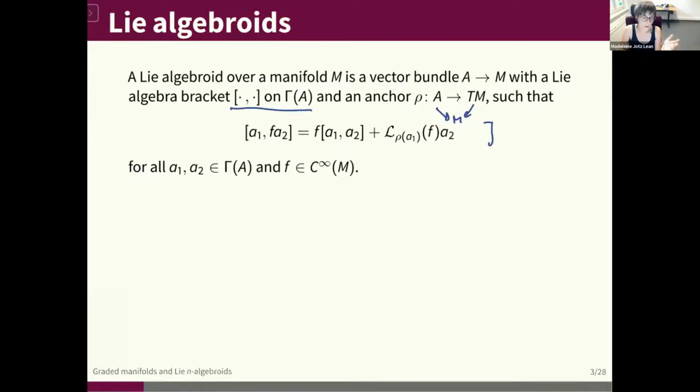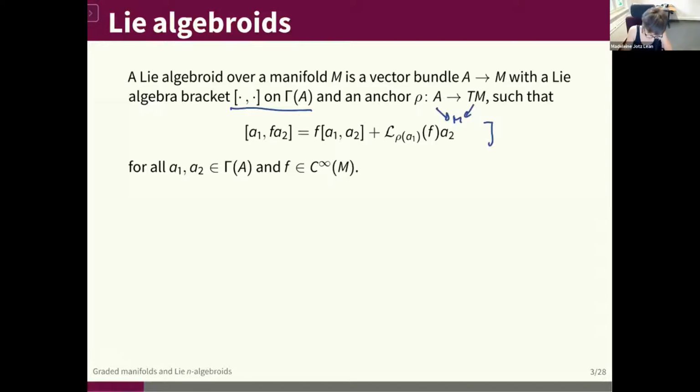On the other extreme, if A is TM and rho is the identity, you can take the bracket to be the Lie bracket of vector fields, and then this condition is just the Leibniz condition, and it's very natural. Those are the corner cases, but Lie algebroids appear in Poisson geometry, where they are very natural, in foliation theory, principal bundles, etc.